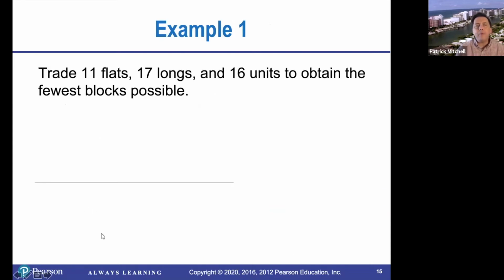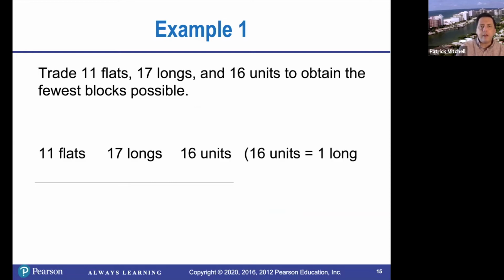So in this example, we're going to trade 11 flats, 17 longs, and 16 units to obtain the fewest blocks possible. This is an exercise that you can do to help children understand the concepts of carrying and addition and borrowing and subtraction. So I start with 11 flats, 17 longs, and 16 units.